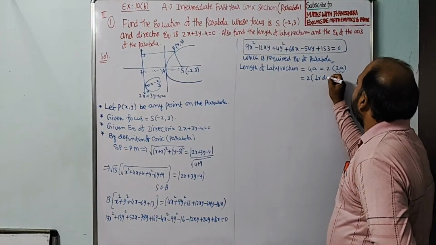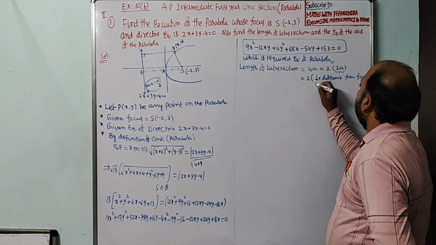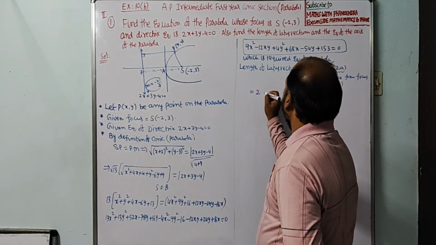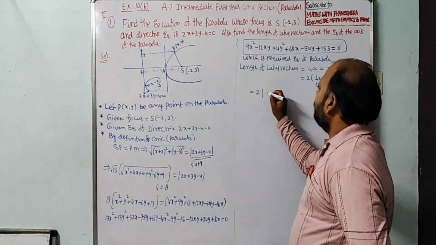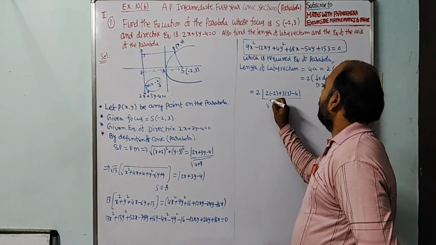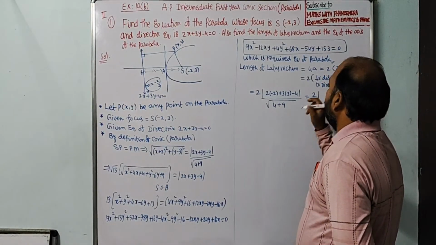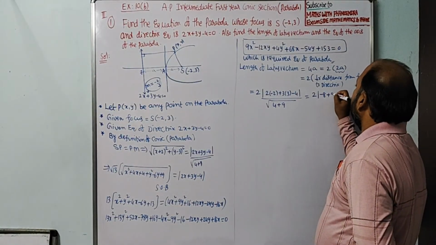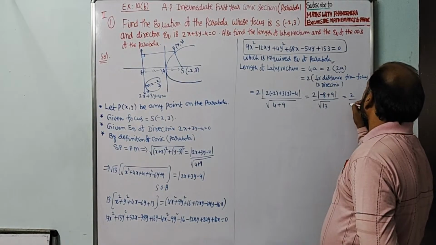So 2 into mod of the distance from (-2, 3) to this line, in place of (x, y), (-2, 3): 2 into (2 times -2 plus 3 times 3 minus 4) divided by root of x coefficient square plus y coefficient square, which is equal to 2 into mod of (-4 minus 8 plus 9), so minus 8 plus 9... divided by root 13, so 1 into 2 by root 13.